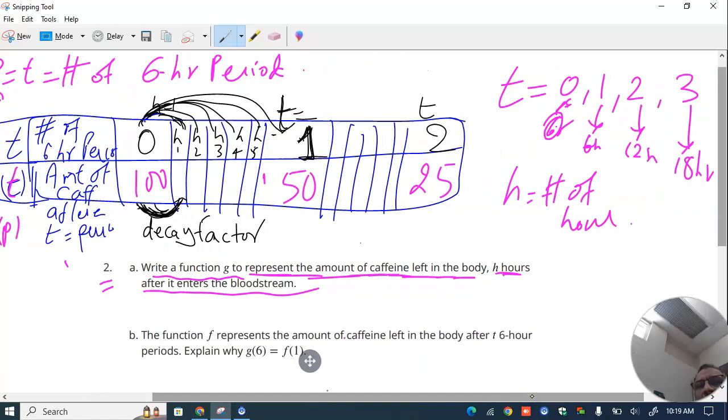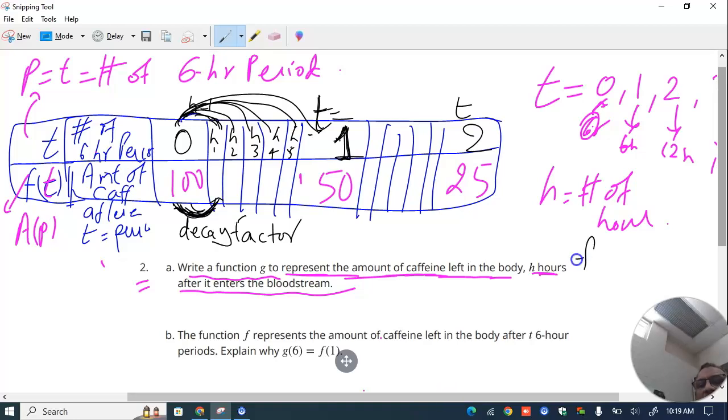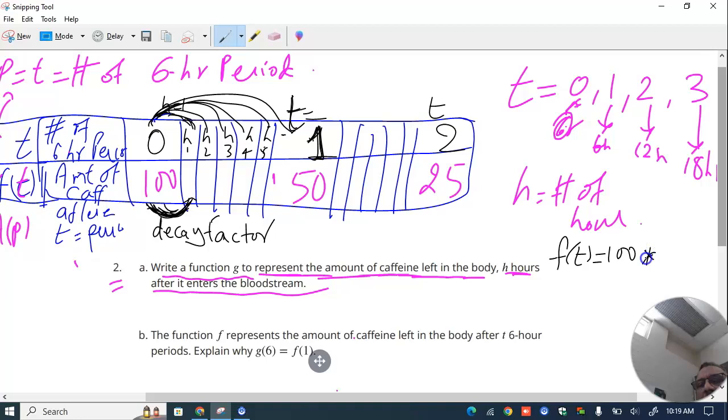The function f of t that we saw in the modeling was 100 multiplied by half raised to t, because the decay factor from here to here is half.